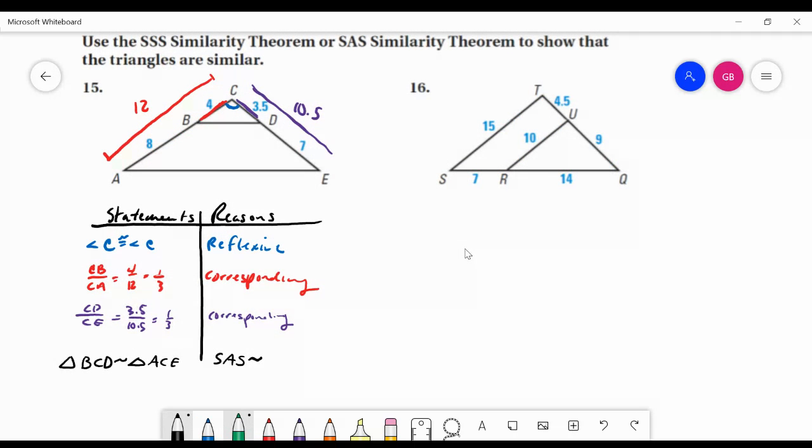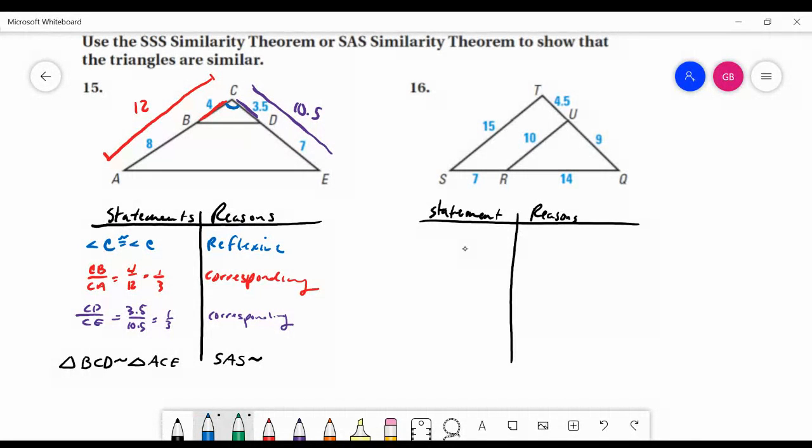For 16, let's go ahead and make this table first. Let's compare. We have the measurements of all the sides. We're going to use side-side-side for this one.